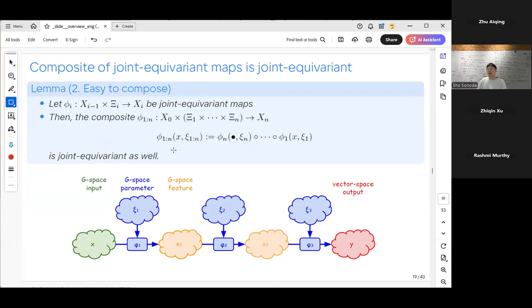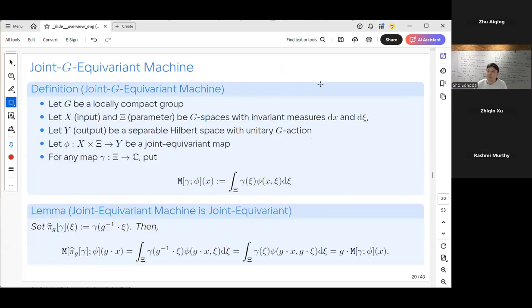This property is nice to analyze a deep neural network or deep concatenation of feature maps, because the main focus of this study is to analyze the deep structure. So that's a nice property. And using the group joint equivariant features, we introduce a joint equivariant machine.